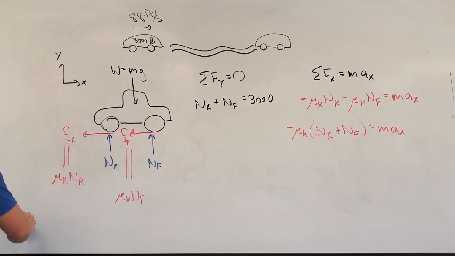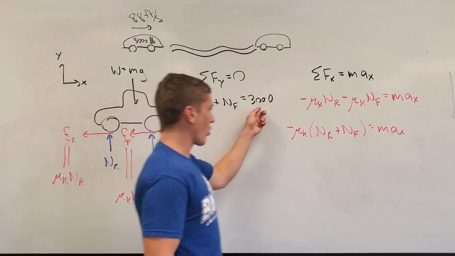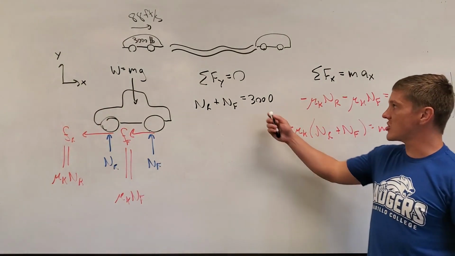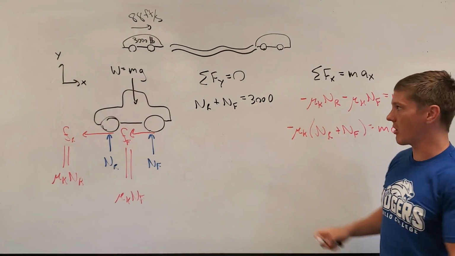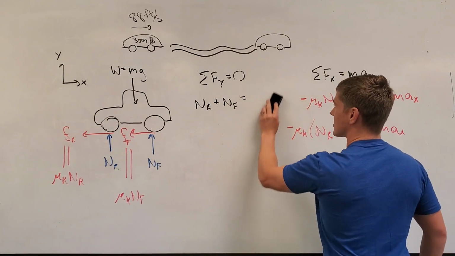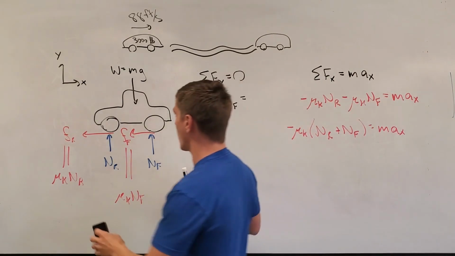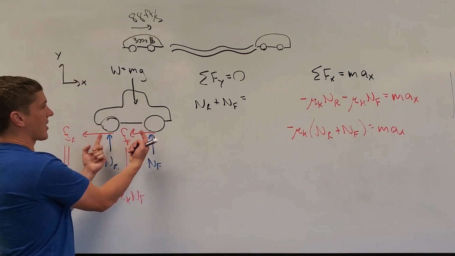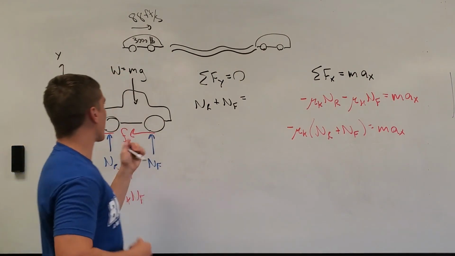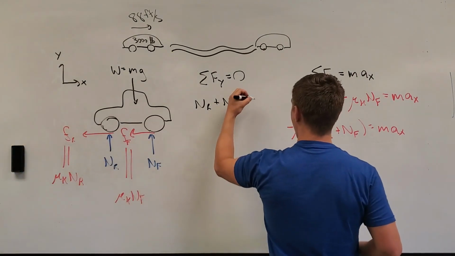So I'm actually going to rewrite this. Instead of doing it in terms of actual numbers, I want to solve it symbolically, in terms of variables, so that we can see what sort of things cancel out. So as it turns out, our normal force from the rear and our normal force from the front, which are acting upwards, are equal to what we have acting downwards, which is going to be our mass times our gravity.